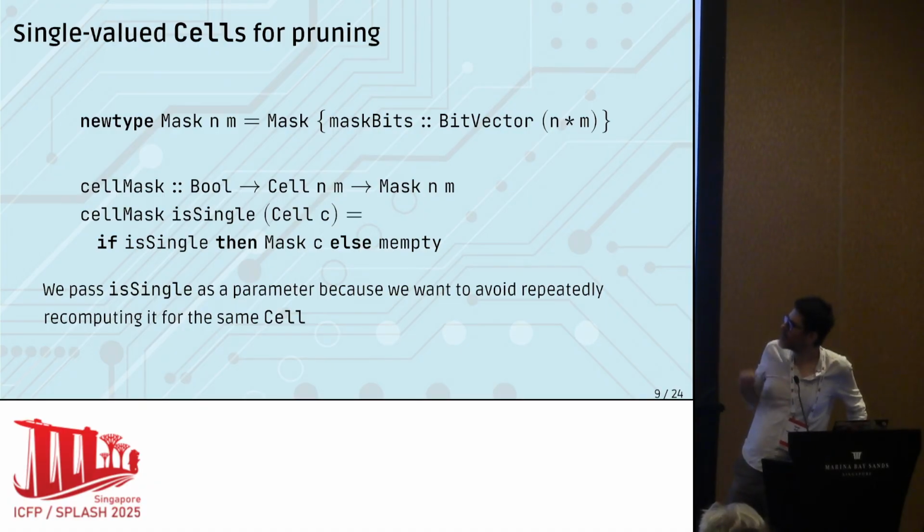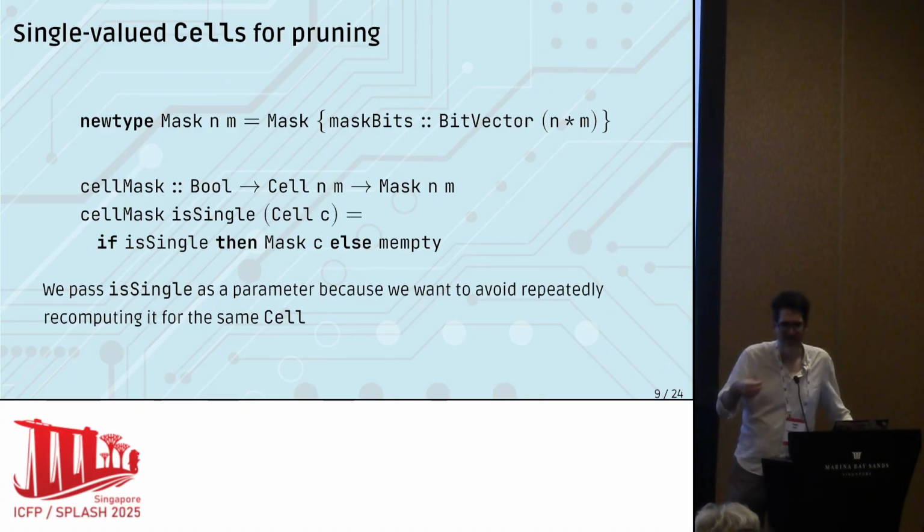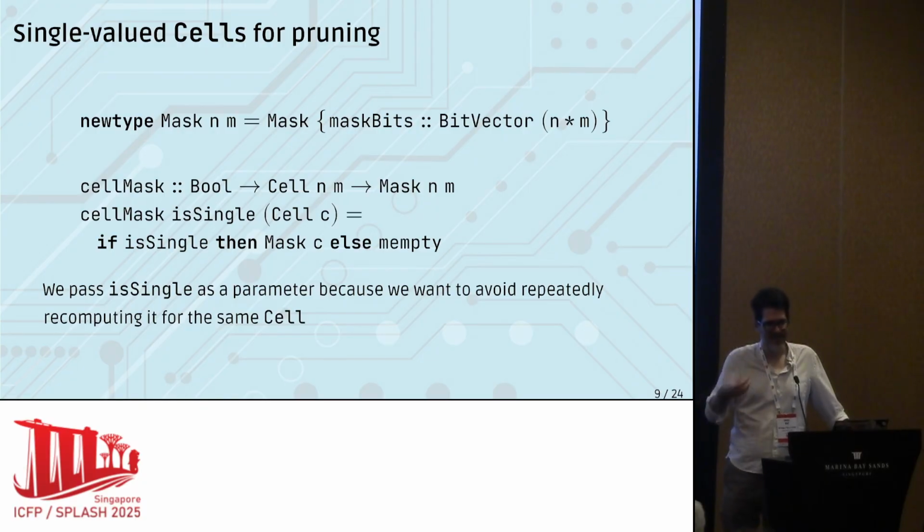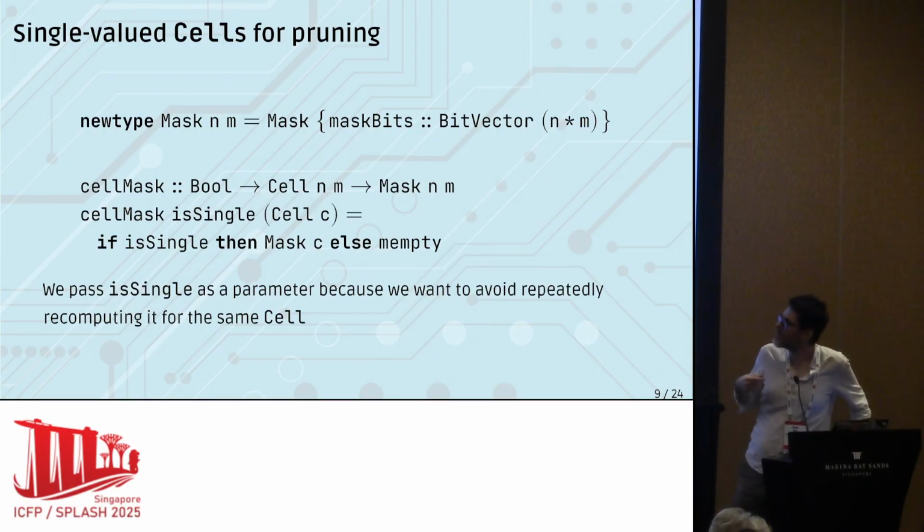But just one thing I want to point out before that is, of course, we could compute the singleness of a cell from itself. There's no point in passing a Boolean telling us if the cell is a single bit or not. We could just check it. The reason we don't do this is because, as we will see, we're going to do it in many different contexts where we need this property, and we want to share that.